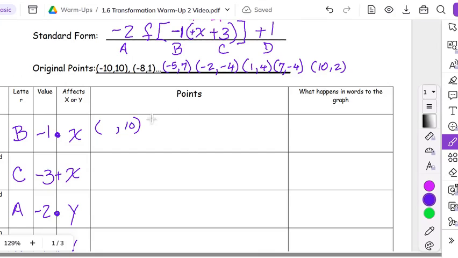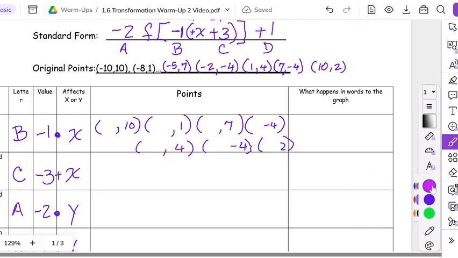So the 10, and I'm going to leave the 1, and then the 7, and then the negative 4, and then the 4, the negative 4 again, and then the 2. So we always leave the y values alone. They're not going to be affected at all.